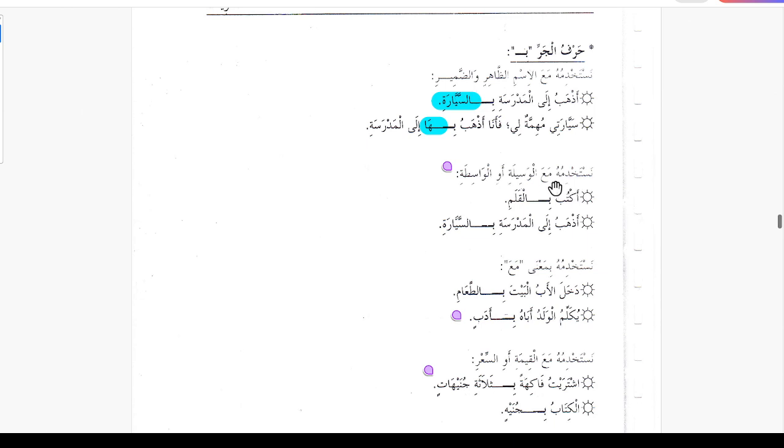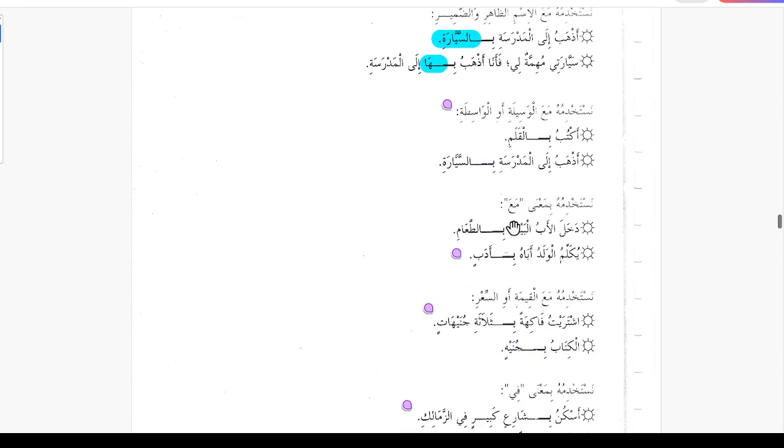Similarly, nastakhdimuhu ma'al wasilati aw al wasitati. We use it with the means and medium, wasila and wasita. Like we can see in this example, uktubu bil kalami, I write by pen.